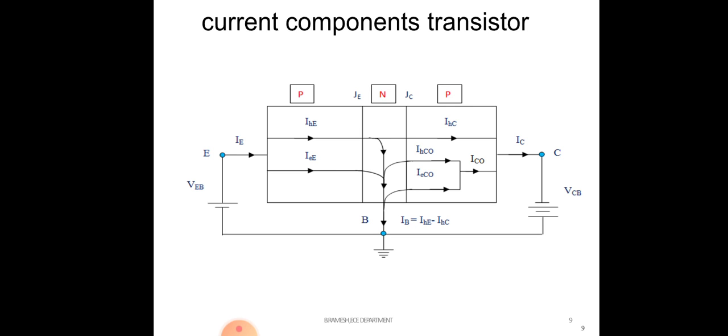Consider the emitter region a heavily doped region with 50 charge carriers, the base region lightly doped with 10 charge carriers, and the collector region somewhat less doped than the emitter, with 40 charge carriers.